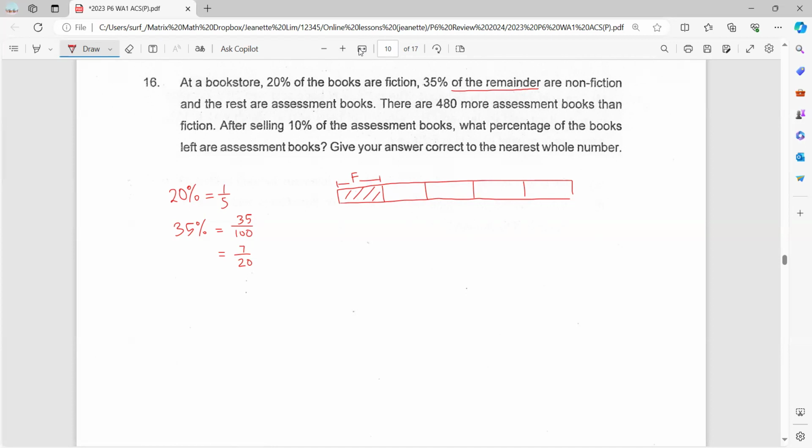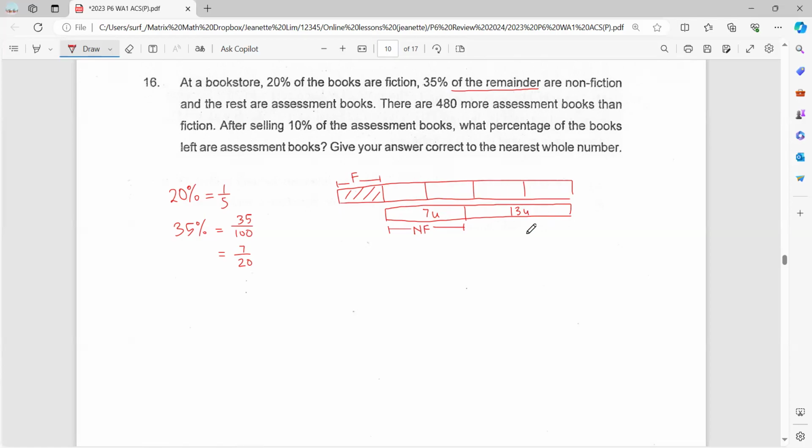Now I want 35% of the remainder. The remainder, I have 4 units, but I want 7 over 20 for that. So I'm going to split this. Usually I'll cut into units, but 20 is a bit much. So this is what I can do. 7 units, 13 units. 7 units for non-fiction, because I already converted 35% to 7 over 20. This is 13 because 20 minus 7 gives us 13.